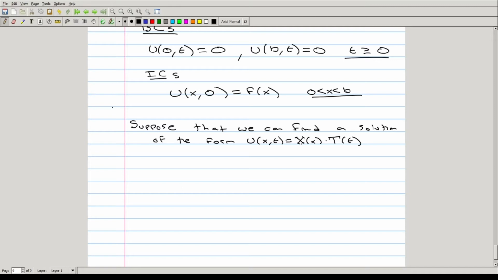And this is sometimes called an ansatz. So we're going to look and see if we can find a solution of this form.